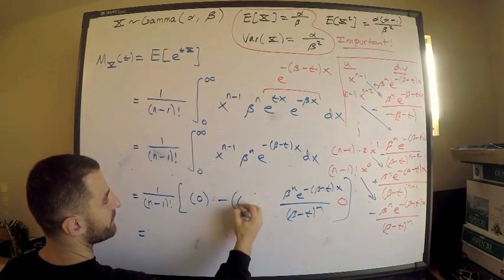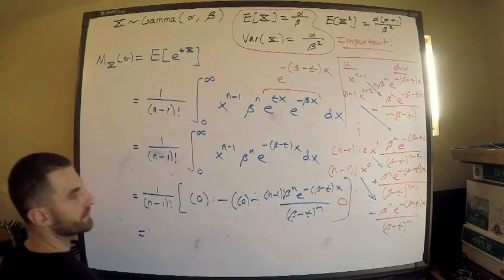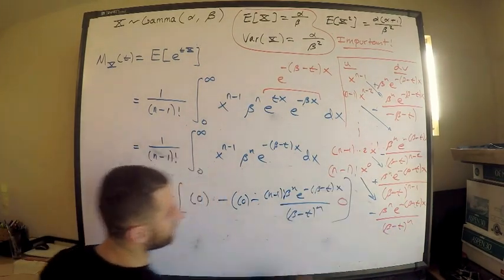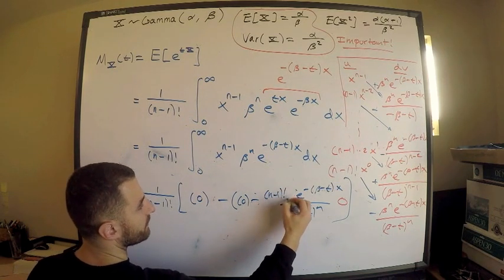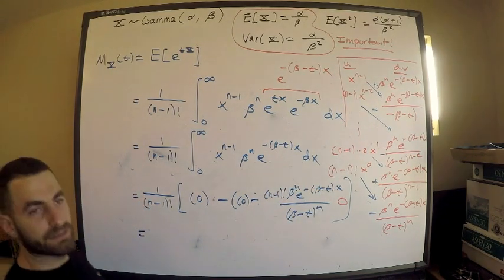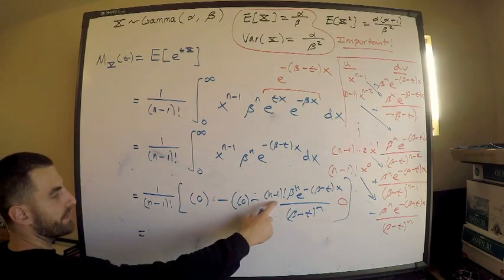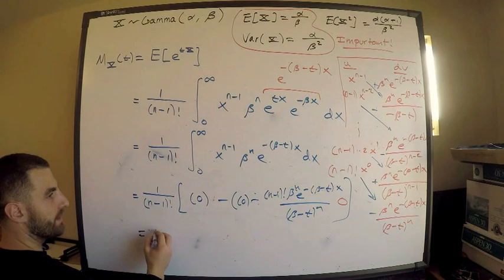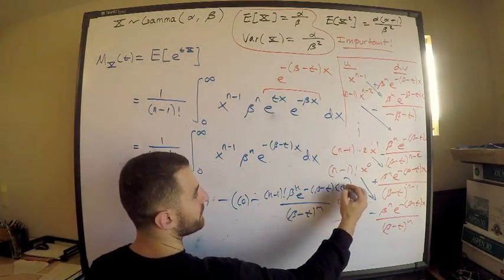So this is 0 minus n minus 1 factorial times this, right? Man, what a mess. This is exactly why people don't want to do it, because it sucks. So n minus 1 factorial cancels here. And when I plug in 0, I'm plugging in an endpoint. When I plug in 0, I get that.